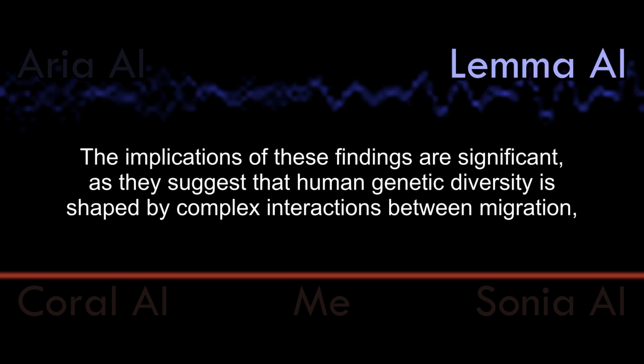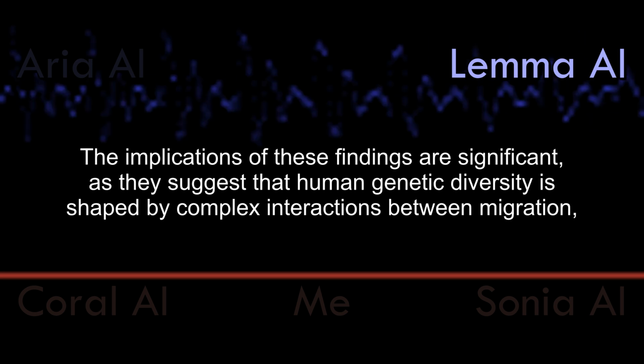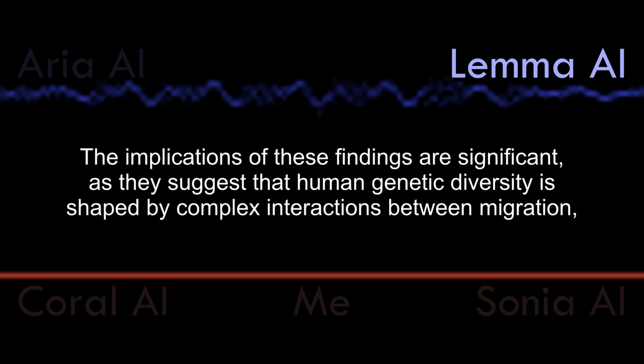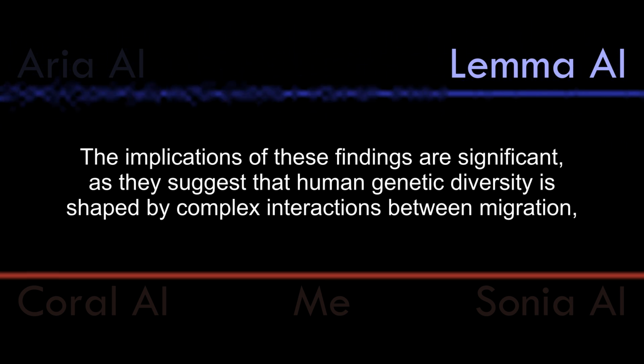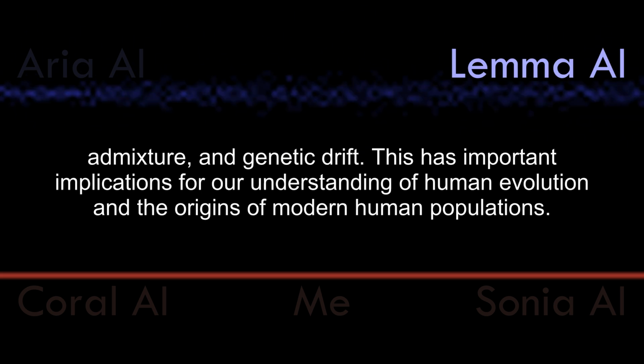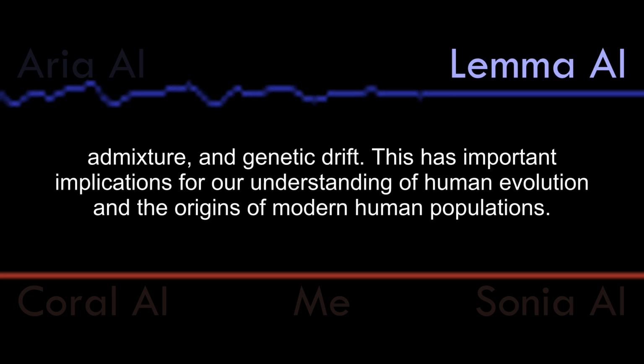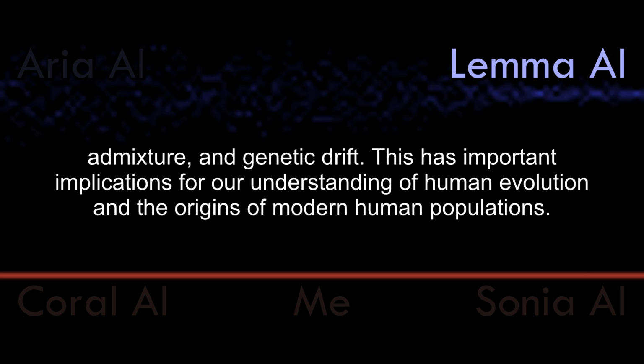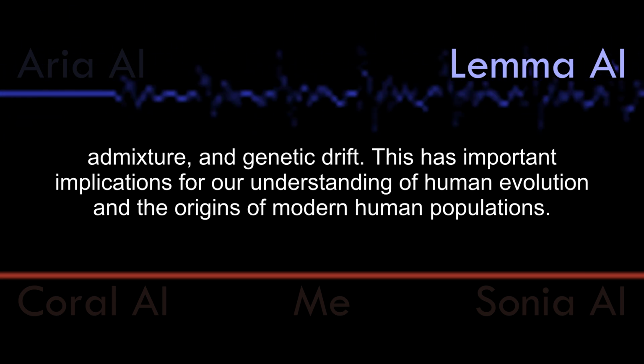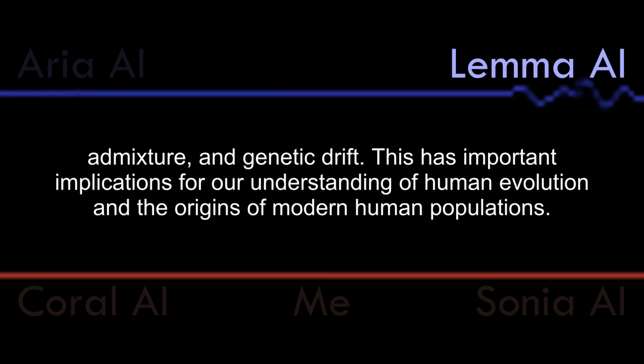The implications of these findings are significant, as they suggest that human genetic diversity is shaped by complex interactions between migration, admixture, and genetic drift. This has important implications for our understanding of human evolution and the origins of modern human populations.